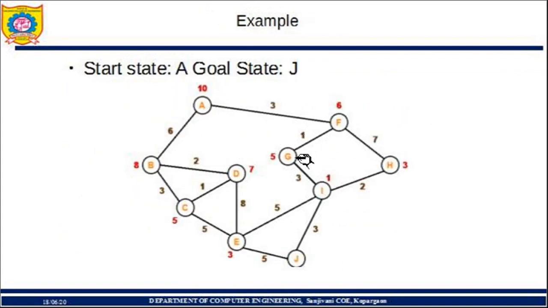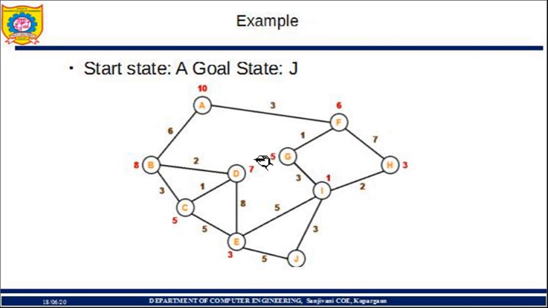So here, F's children are G and H. F of G is given as 1 plus 3 plus 5. G of N for G is nothing but 3 plus 1, and H of N is 5.